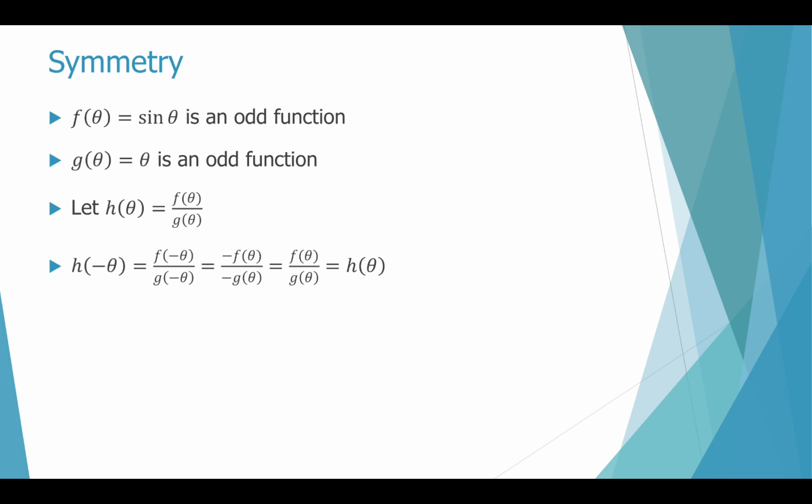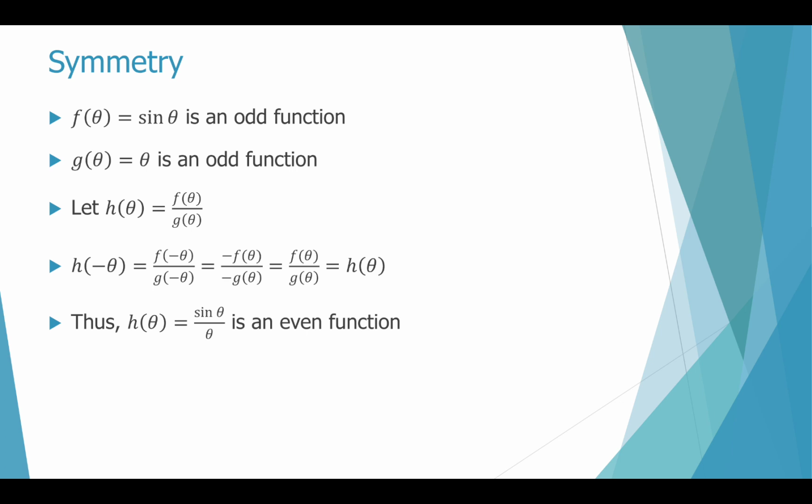And when I plug in negative theta to g of theta is equal to theta, that's just going to give me negative g of theta. The negatives filter off, and I'm left with just f of theta over g of theta, which is equal to h of theta. So that means it's an even function when the two are combined. Okay?